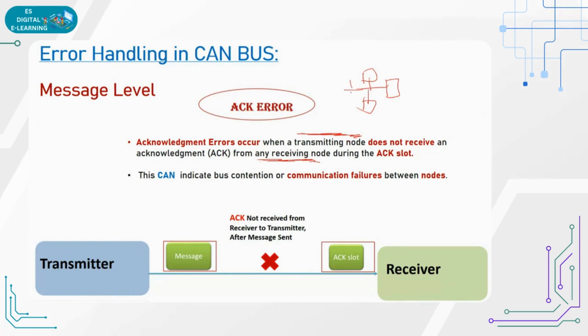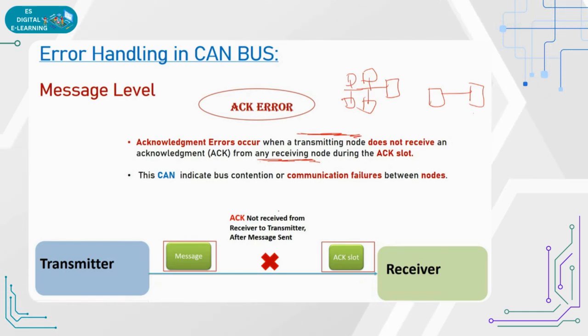Multiple ECUs connected, and if we don't get acknowledgement from any one node. In case we have a 2, then we can say receiving node. So any receiving node during the acknowledgement slot.